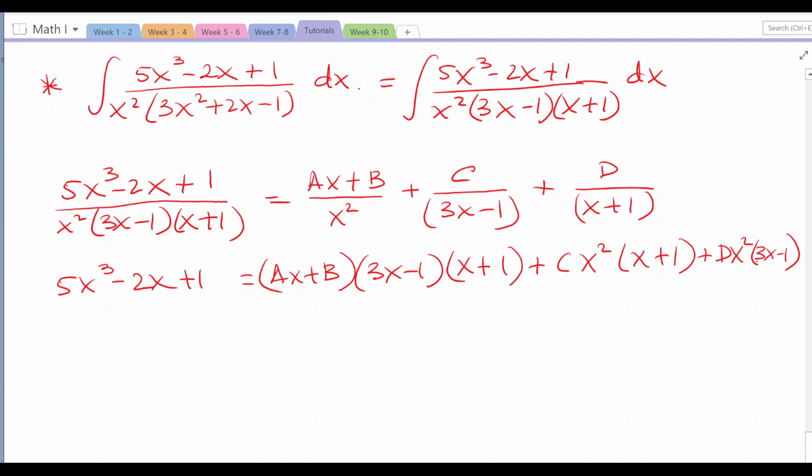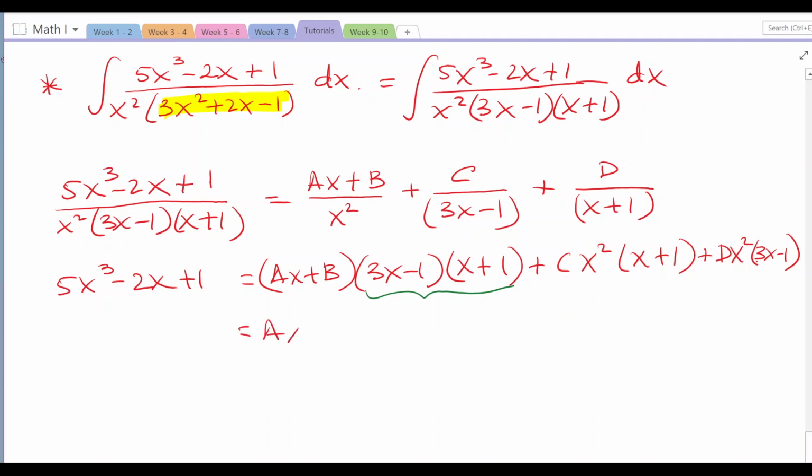We can further simplify this, especially this term here. We can return it back to the original form, so it will be easier to see.